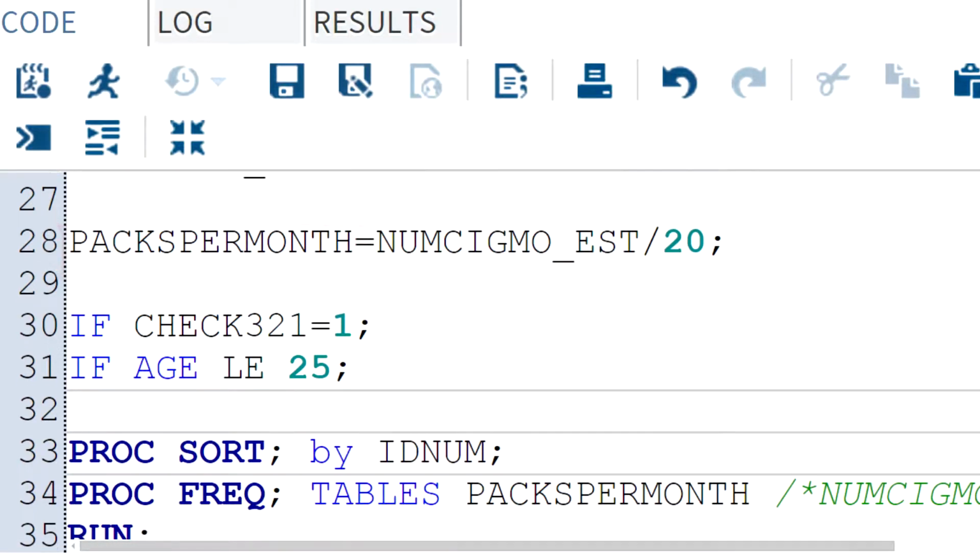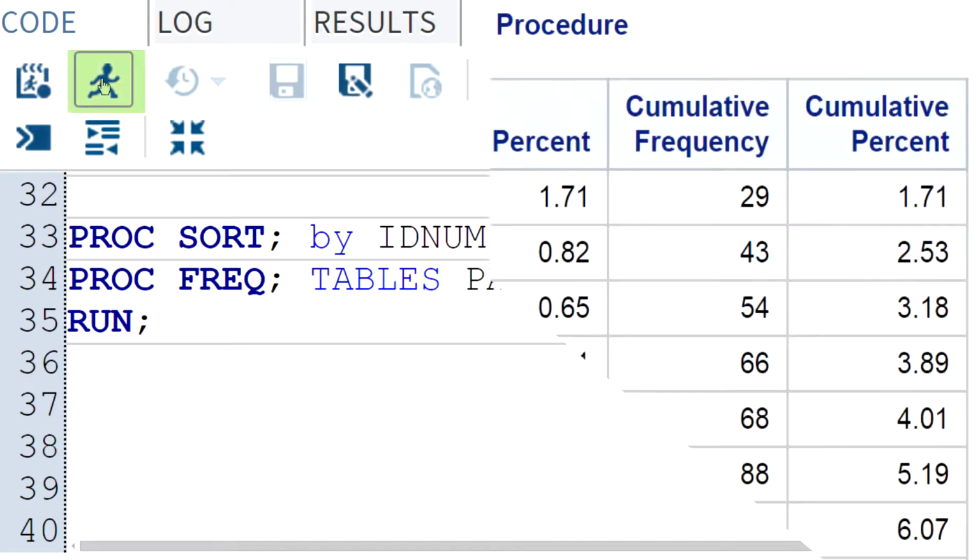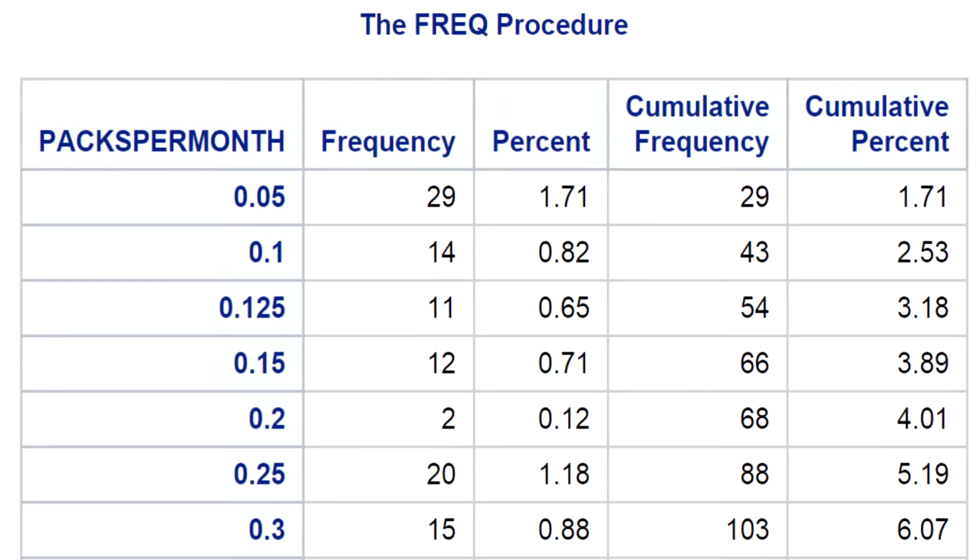Then we add this new variable, packs per month, to the table statement so we can view this new frequency distribution. Packs per month is still a quantitative variable, but now we can more easily create groups based on number of packs smoked in a month.